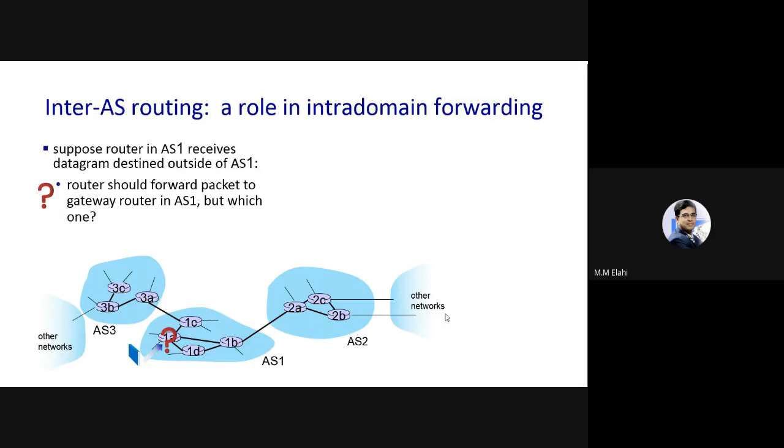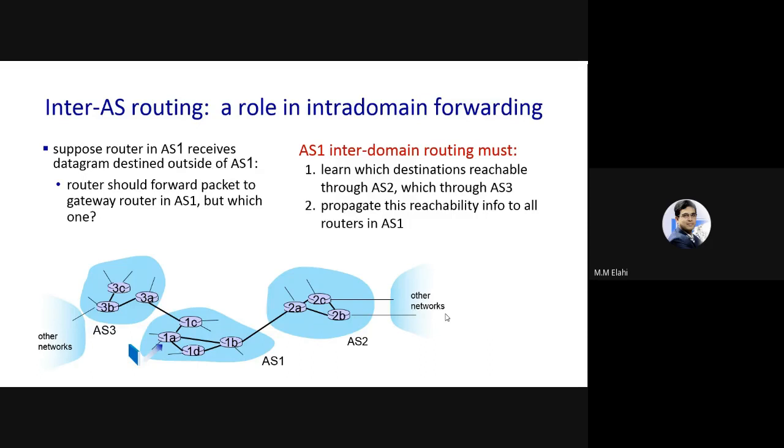Then it will forward the packet to one of the nodes that we call a gateway router. There are 2 gateway routers in this example: 1C connected to autonomous system 3, and 1B connected to autonomous system 2.